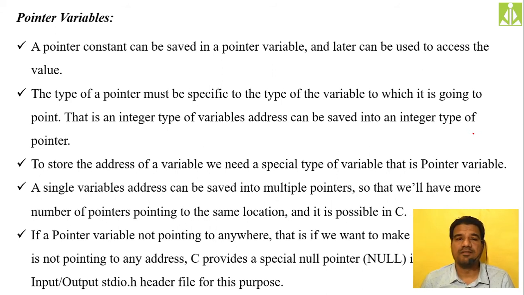If you don't want your pointer to point to any location, it is something like assigning your variable to 0. Because whenever you are creating a variable, it will have some default garbage value in it, isn't it? So how do we remove that garbage value from a normal variable? Simply by assigning that variable to 0, isn't it? If you assign the variable 0, it will have a meaningful value.